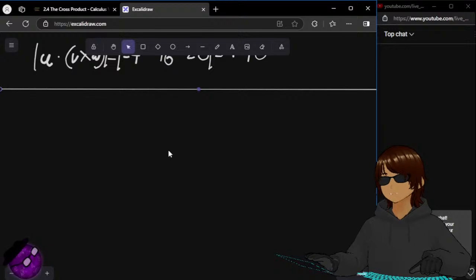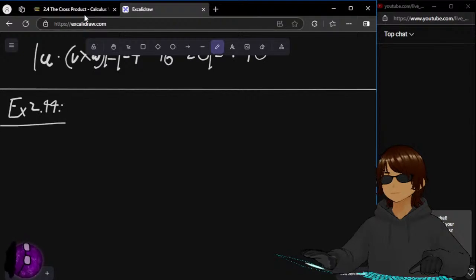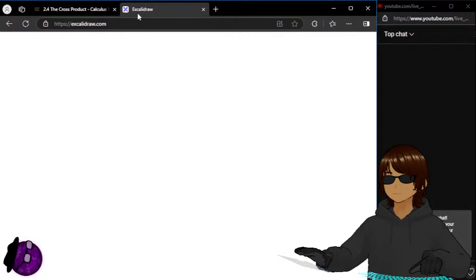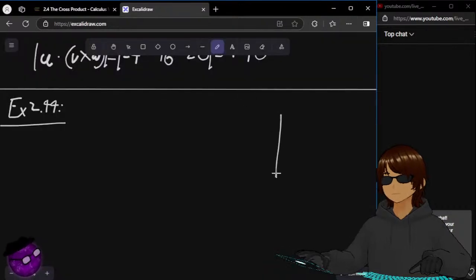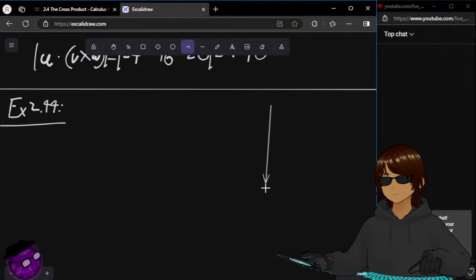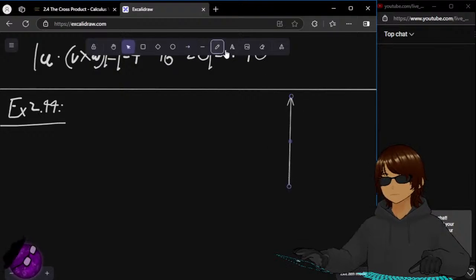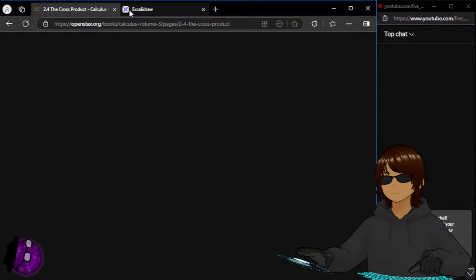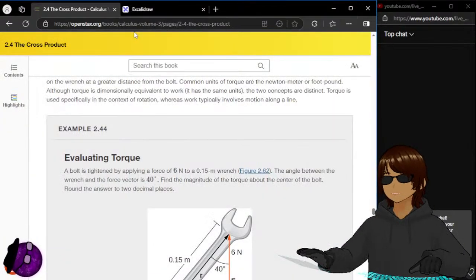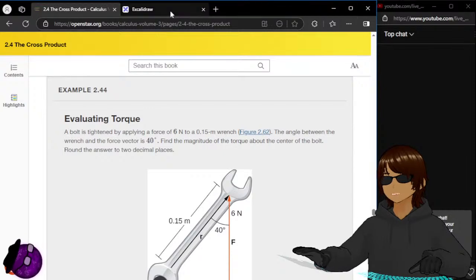Example 2.44. This is 6 newtons. And we have radius of 0.15.